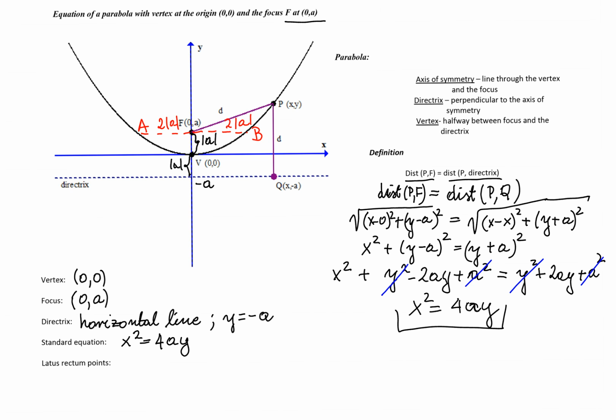And therefore we can write the coordinates of the endpoints of the latus rectum. Point A will have coordinates (negative 2 times the absolute value of a, a), and the point B will have coordinates (2 times the absolute value of a, a).